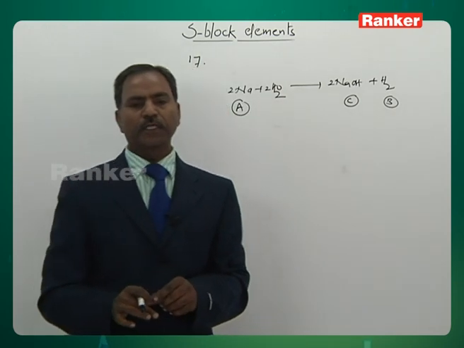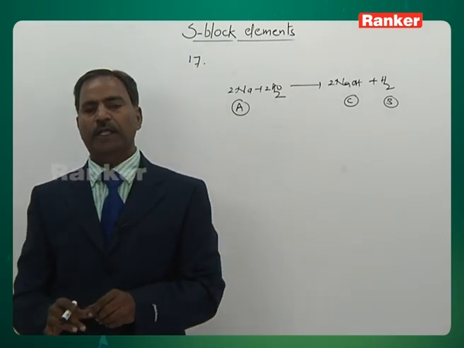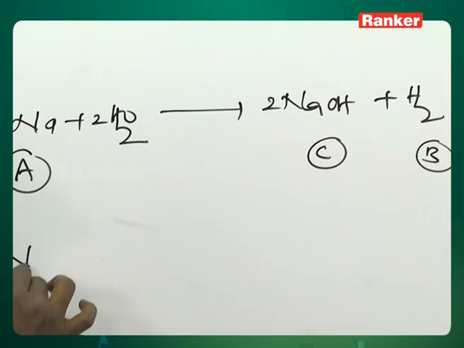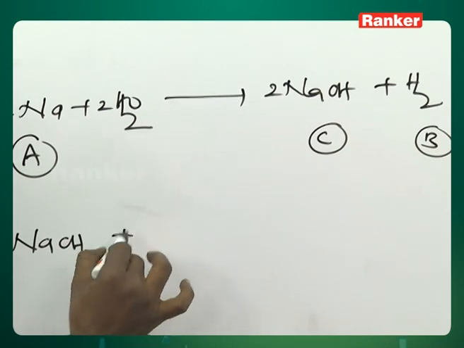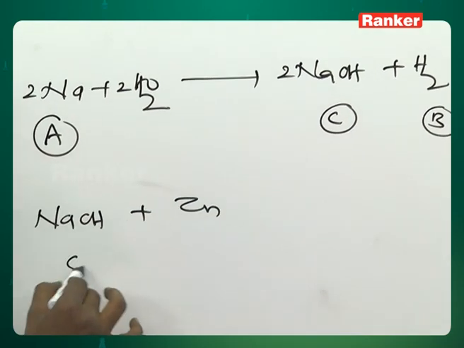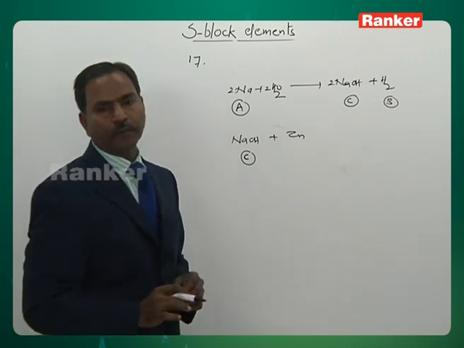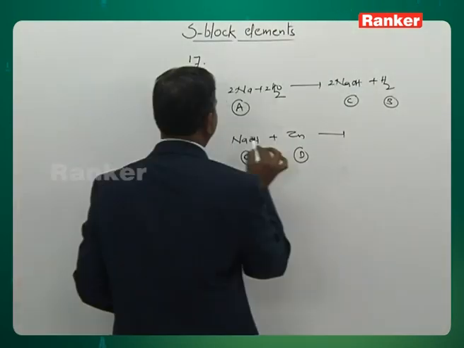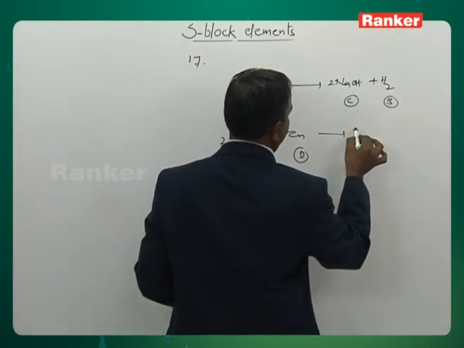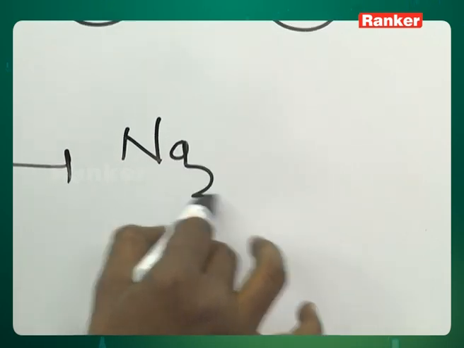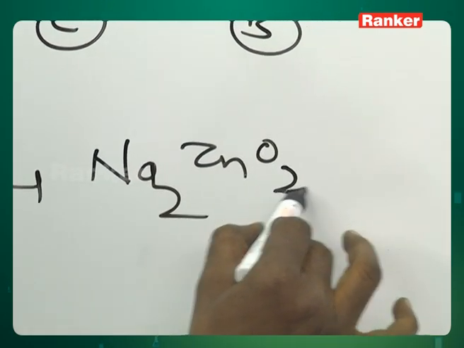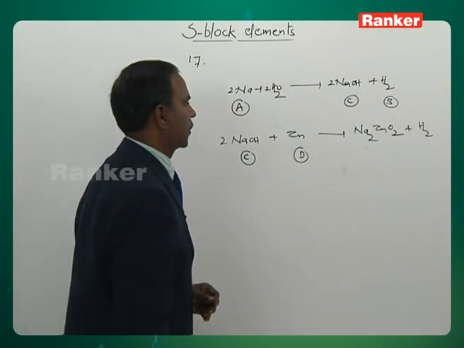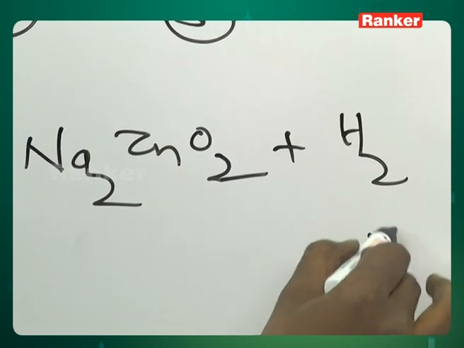When another substance D reacts with this solution C, it also produces the same gas B. Now C we are taking NaOH, and consider zinc as D. Whenever zinc reacts with the caustic soda, you get Na2ZnO2 plus H2 gas, the same combustible gas B you are getting again.